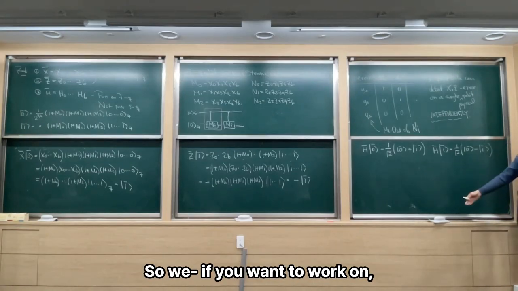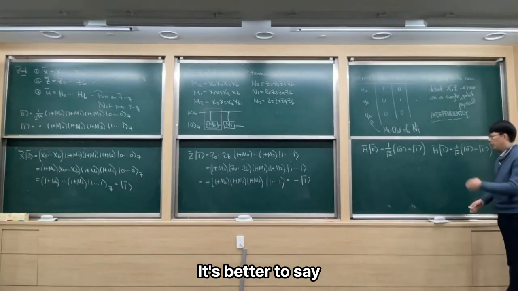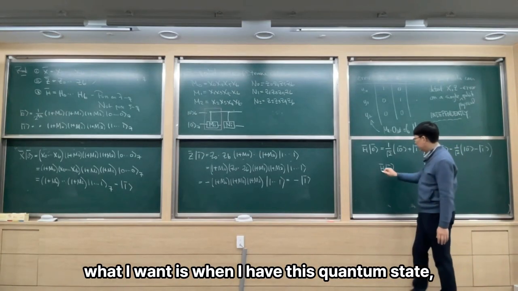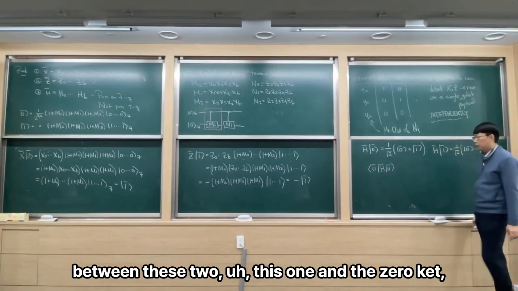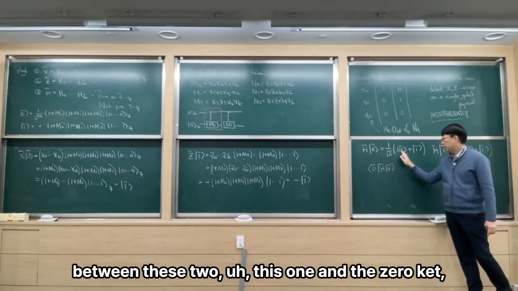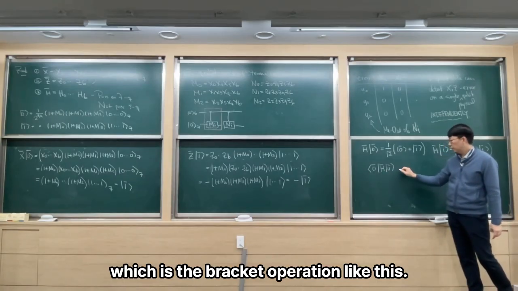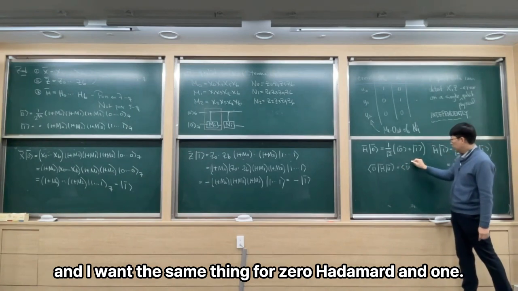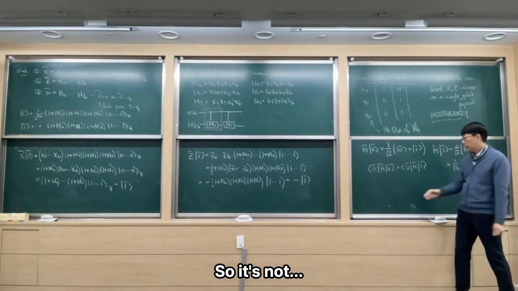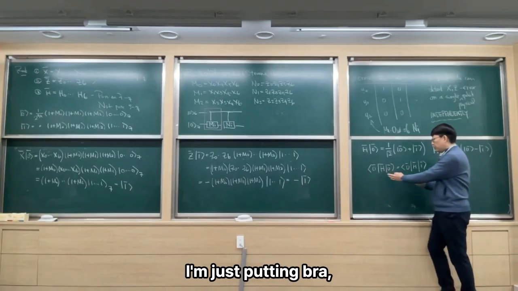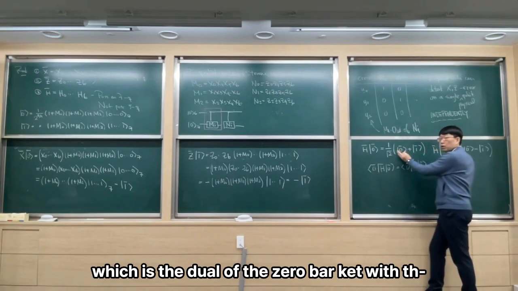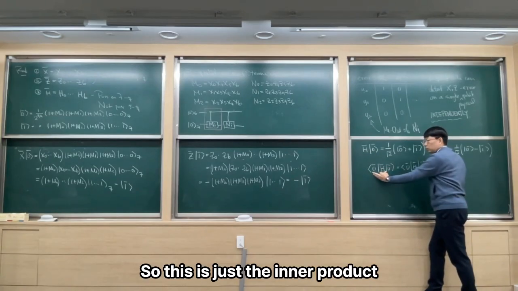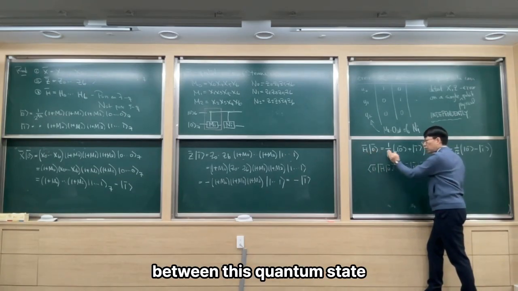So if you want to work it out, then I think you can, but it's better to say what I want: when I have this quantum state, and I take the inner product between this one and the zero cat, which is the bracket operation like this, I want 1 over square root of 2. And I want the same thing for 0, Hadamard, and 1. So it's not a special notation. I'm just putting the bra, which is the dual of the 0 bar cat, with this H 0 bar. So this is just the inner product between this quantum state and this quantum state.